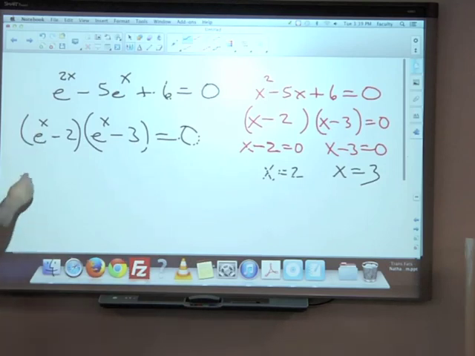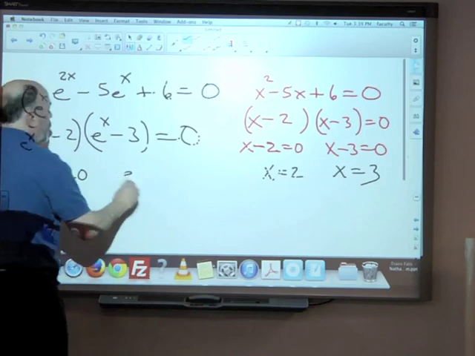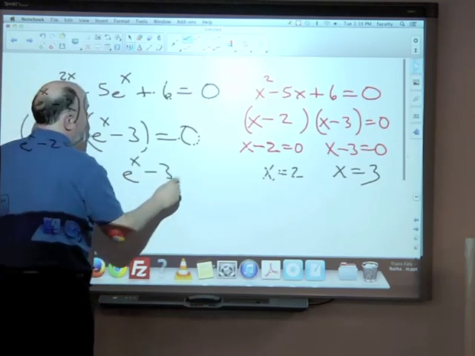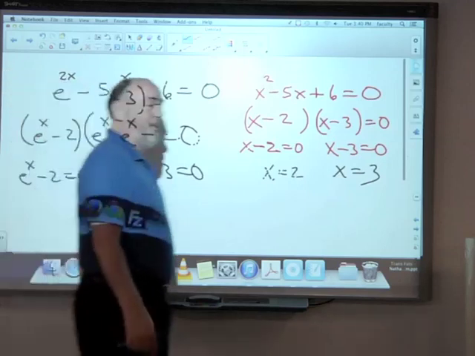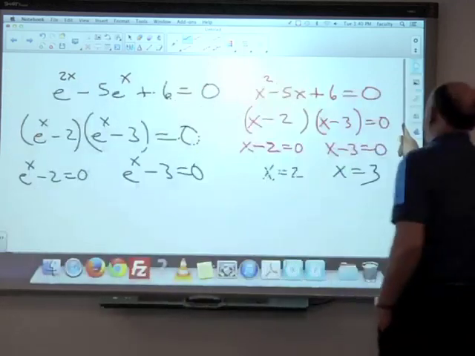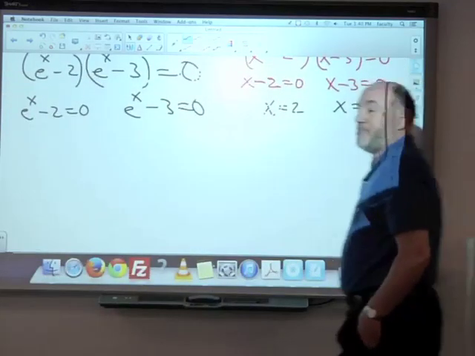So we get e to the x minus 2 equals 0. E to the x minus 3 equals 0. And now we want to solve each one of those for x.